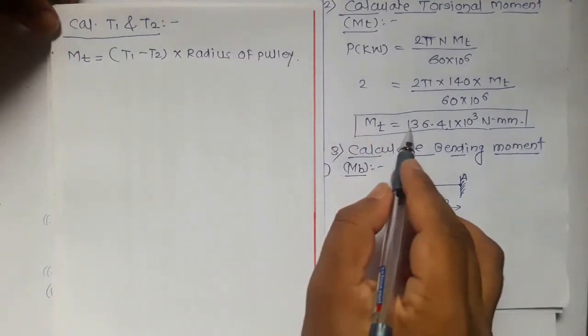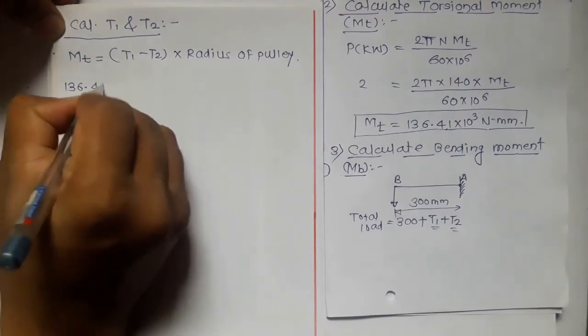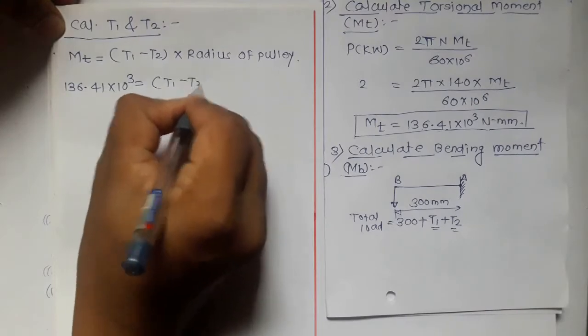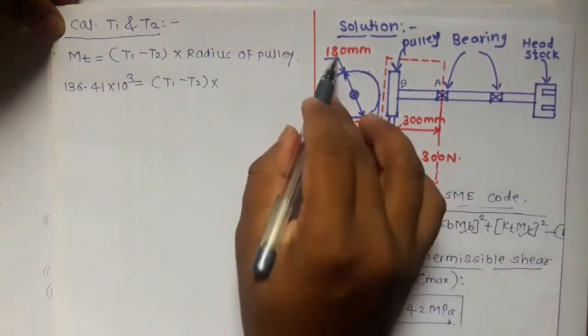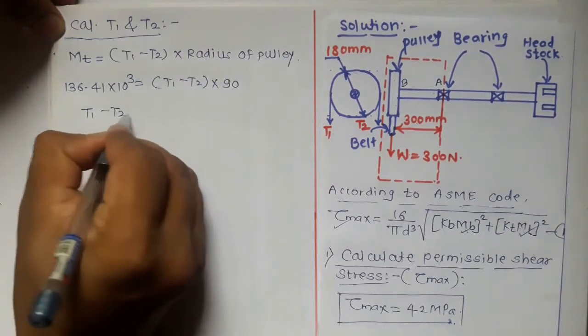Here the value of MT is known, 136.41 into 10 raised to 3 is equal to T1 minus T2 into the radius of the pulley. The diameter of the pulley is 180, so the radius will be 90. From this equation we can get T1 minus T2.